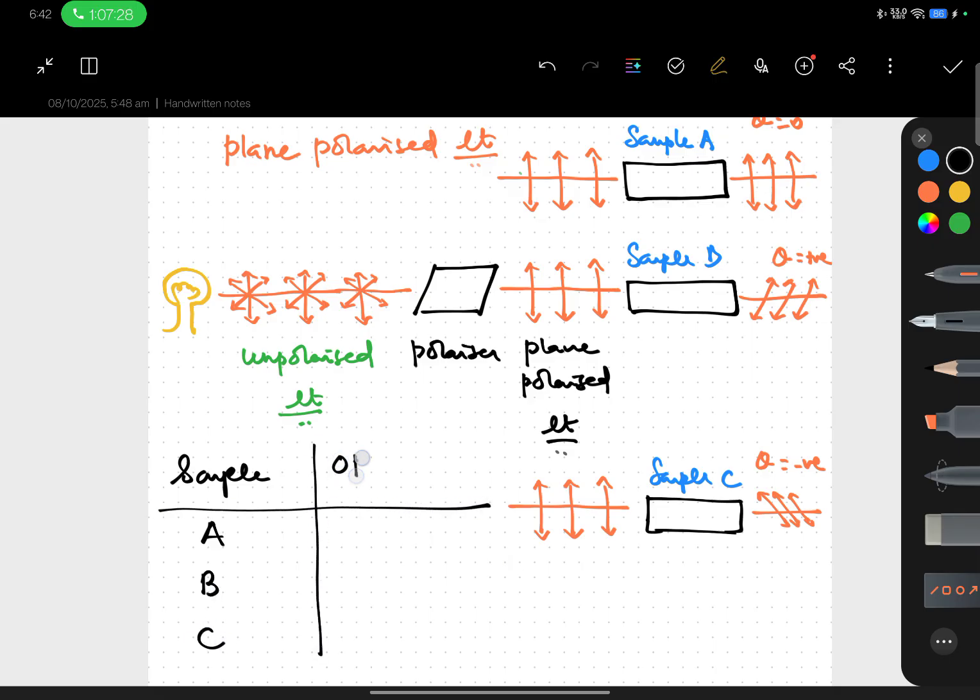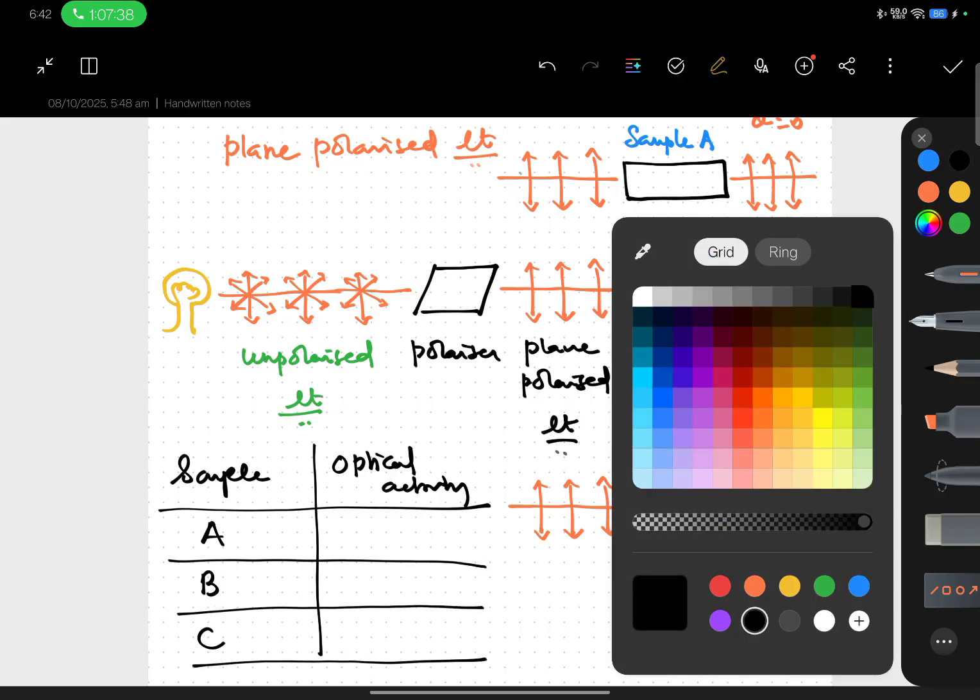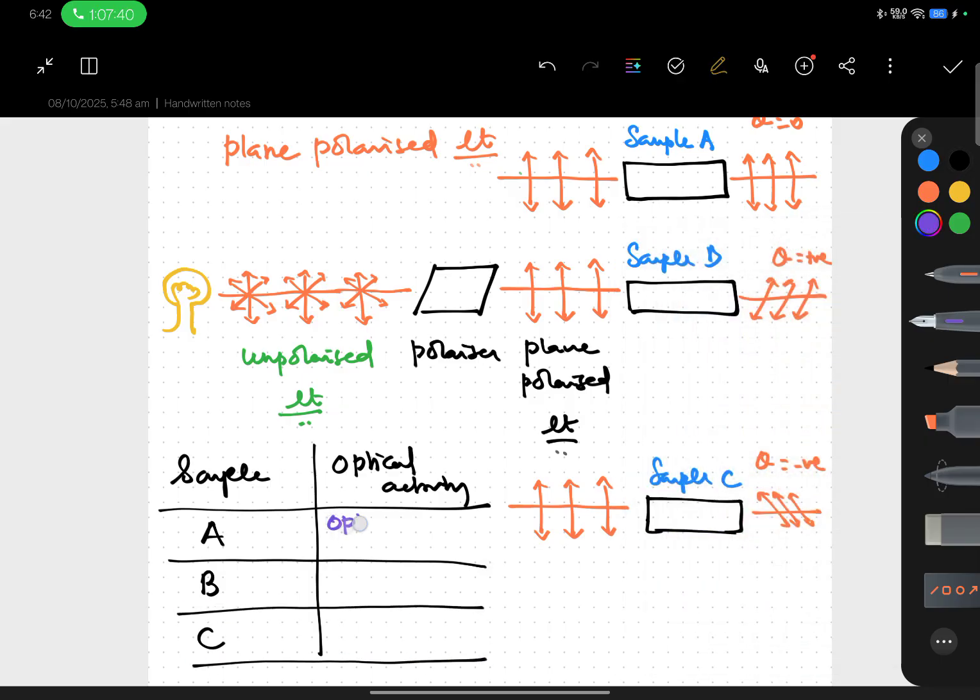So what is optical activity? If a material doesn't rotate the light in any direction, we call it optically inactive. B is rotating the light towards the right hand side, so it is called the D isomer or plus isomer. It is also called the dextro isomer. This is the L or minus isomer.